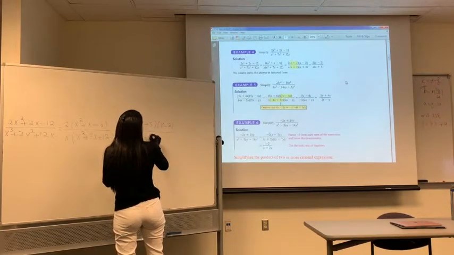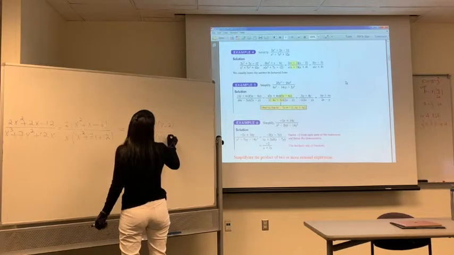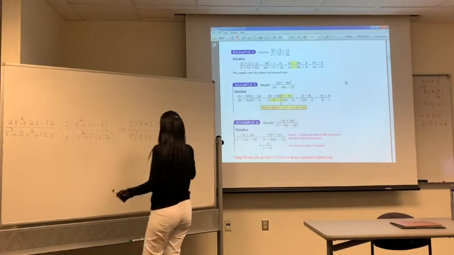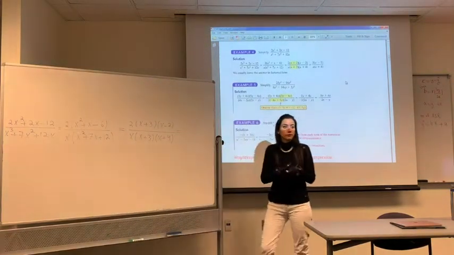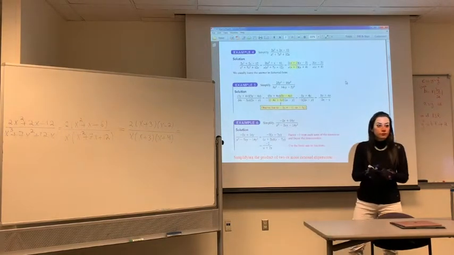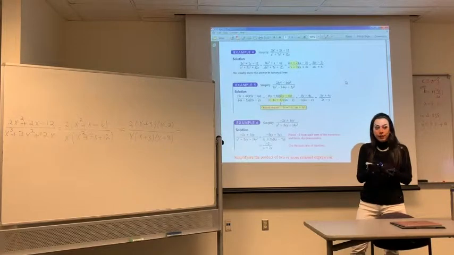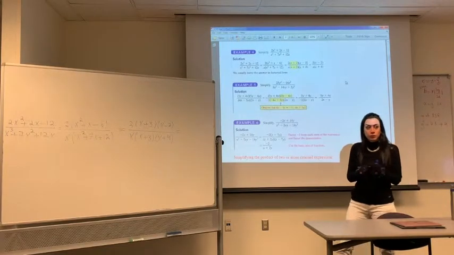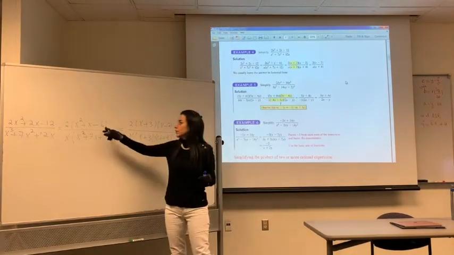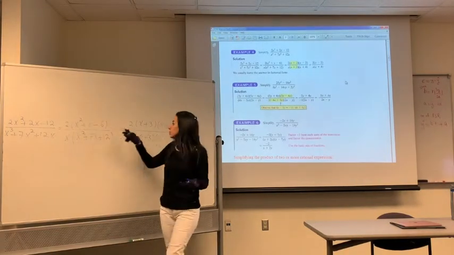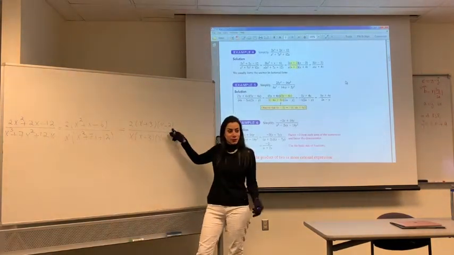X plus 3 multiplied by x plus 4. Why? Because it multiplies. What do you mean why? You're factoring a polynomial, right? So if you factor this, you will get x plus 3 multiplied by x plus 2.